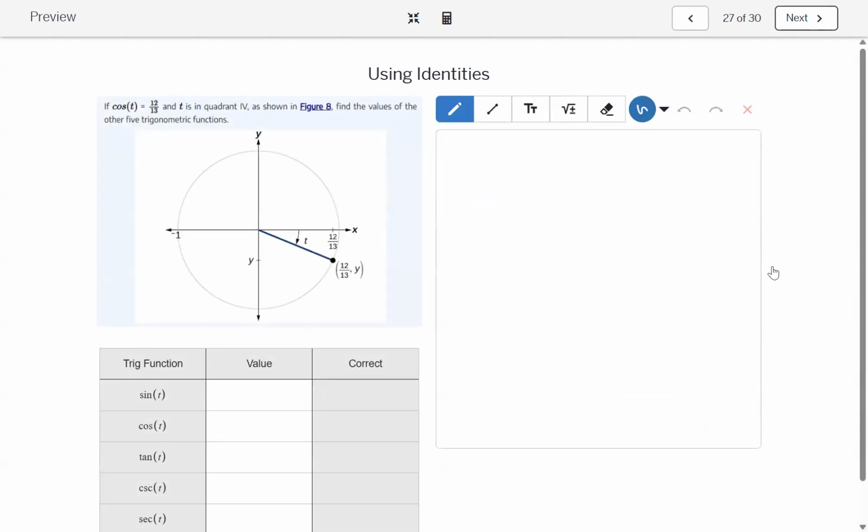So now this one is almost exactly what's going to be on the test. They're telling us that the cosine of t is 12/13. So 12 over 13, boom. And you know what else?